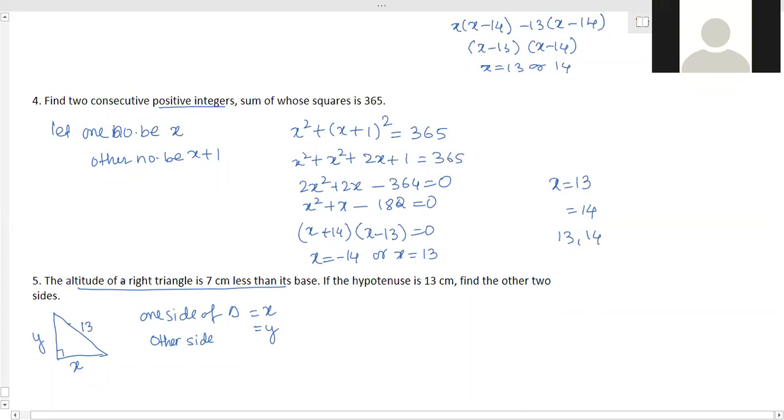What is the base here? x. So what should be y? That means altitude, that means this is perpendicular. So perpendicular is 7 less than its base. So what is the value of y? Altitude is 7 less than its base.